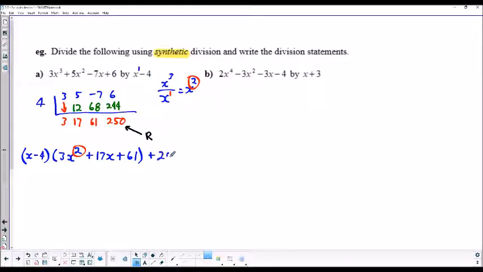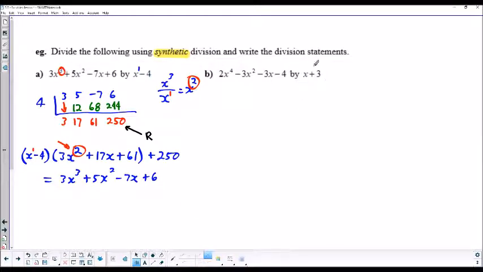Then we've got the remainder, 250, and just out of lack of space, I'm going to put the dividend under here, just as we always would. We always start with one power less because we've divided by a single power of x. That's why the power decreases by 1 when we start off with the quotient.